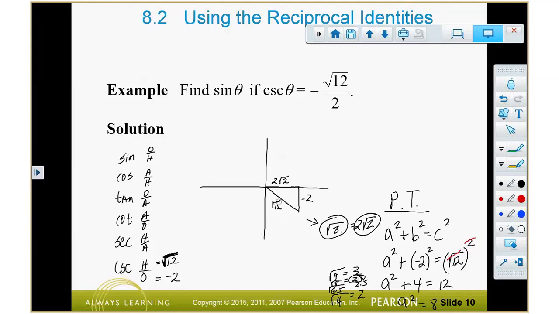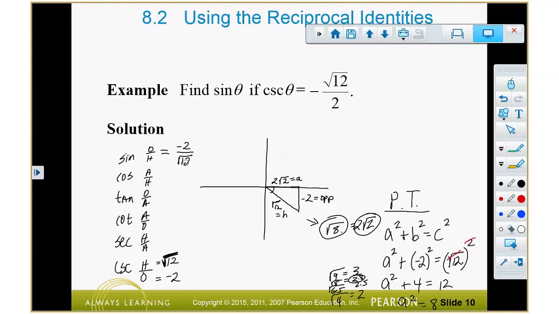Here's my little man. He's looking at the opposite. He's got his foot on the adjacent and the hypotenuse. What is the cosecant or the sine? So that means negative 2 over what? Square root of 12. Didn't even need the adjacent. But this is how you do these problems, so for future problems you'll know. So negative 2 over the square root of 12.